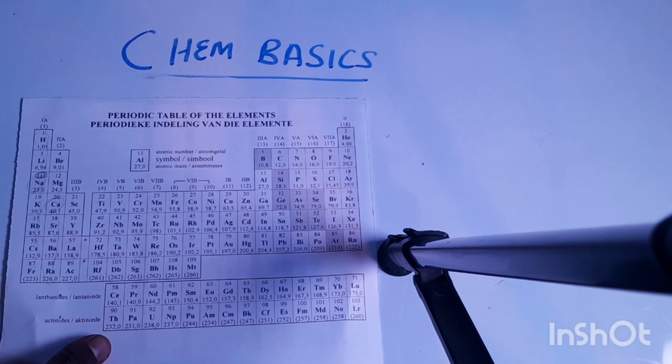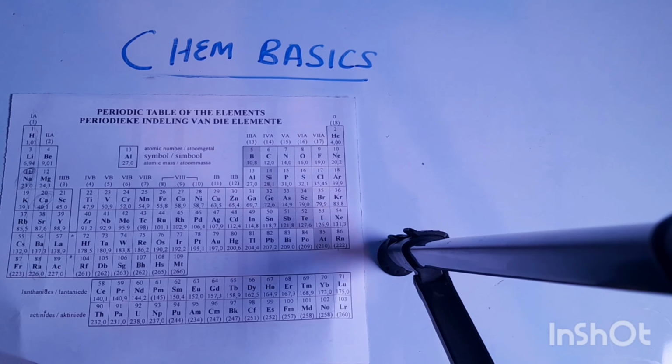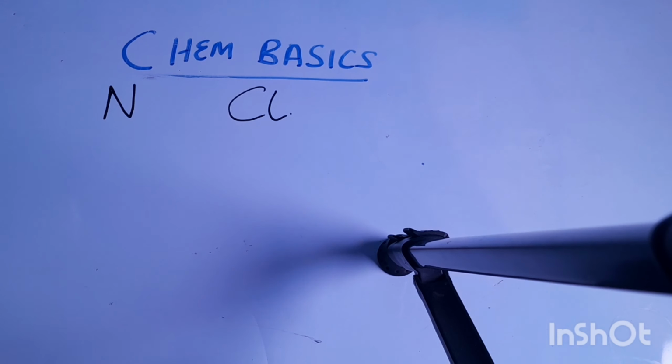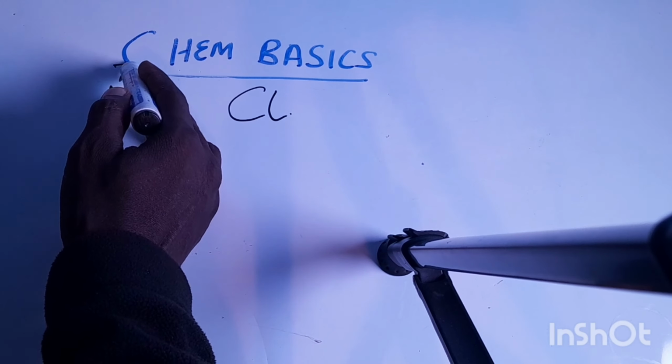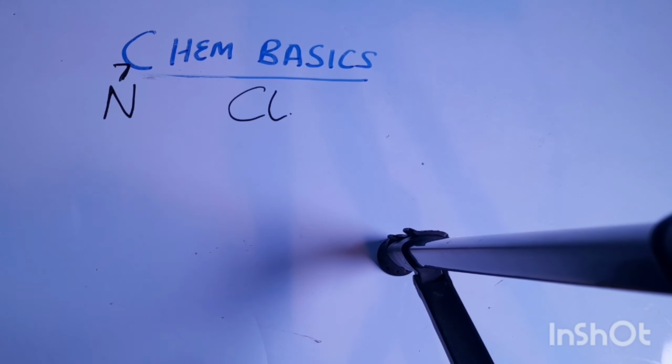So now I'm just going to take random elements and show the energy levels the way that I was talking about. In this case, I decided to take 2 elements, nitrogen and chlorine. Nitrogen has an atomic number of 7, so the number of protons and also the number of electrons in nitrogen is 7.